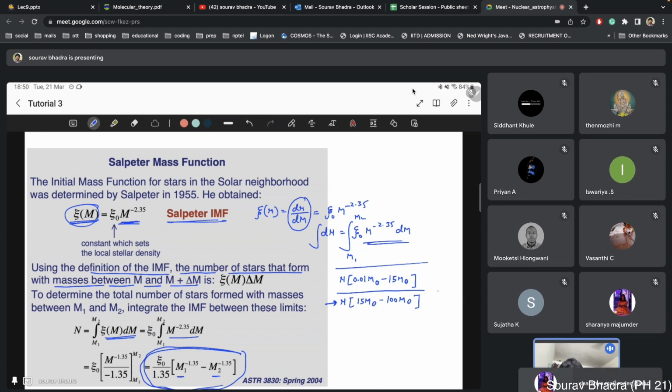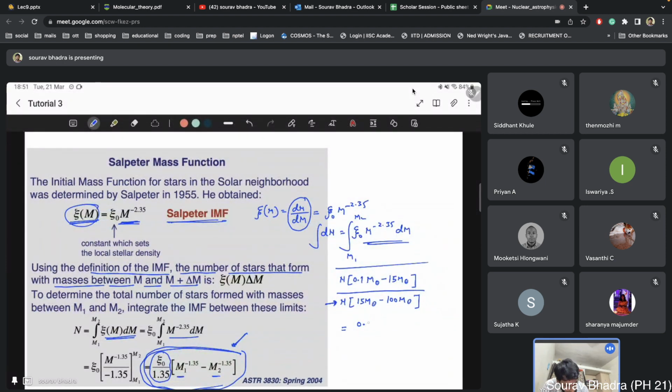If you put this expression for the numerator and denominator, zeta 0 and 1.35 will be cancelled out, and it will be just m1. For the upper one, m1 is 0.01, or let me take it as 0.1 only, no problem, I need some non-zero value.